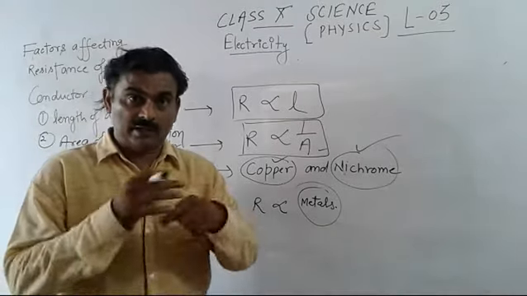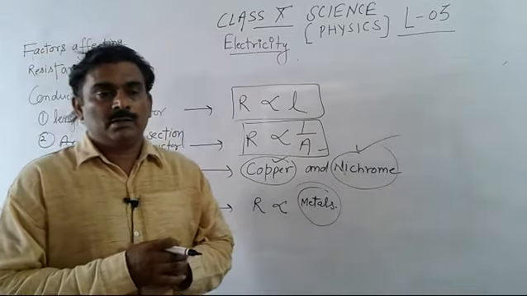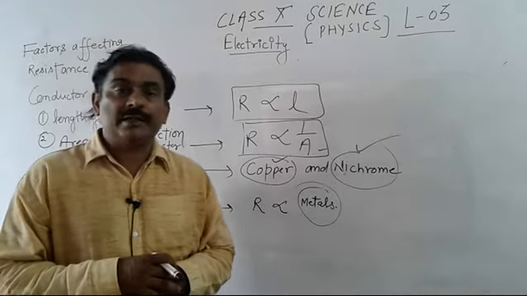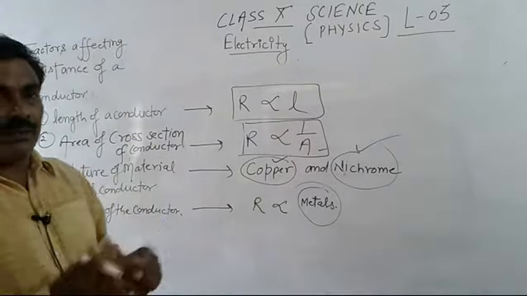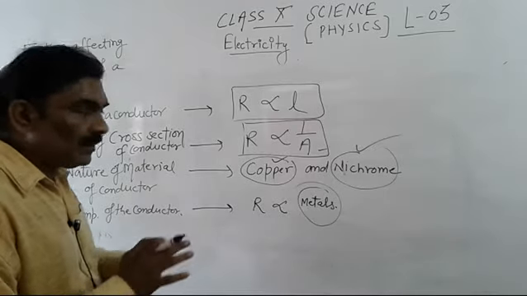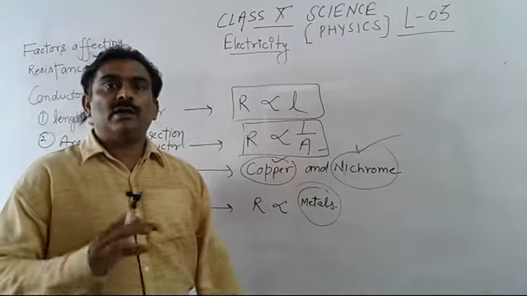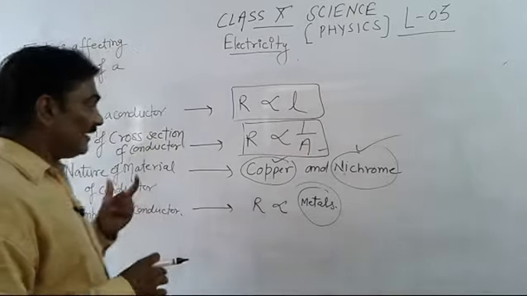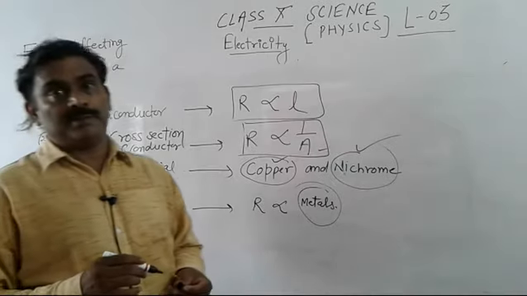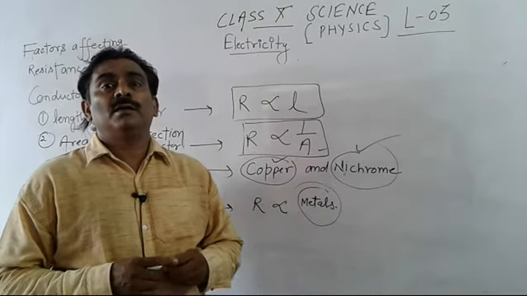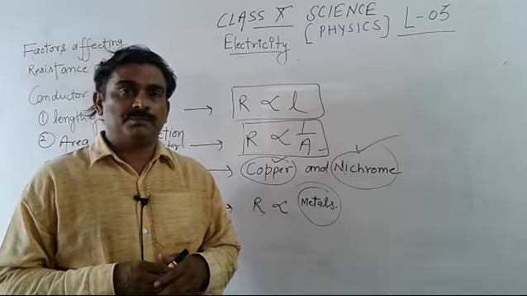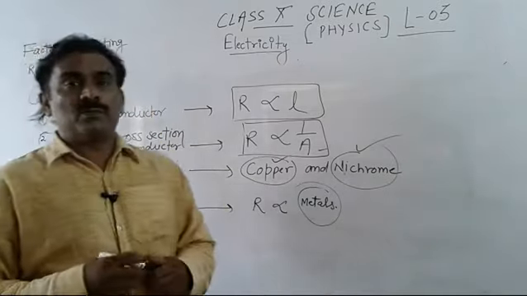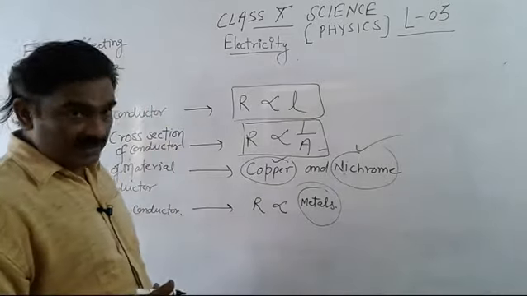But in case of some alloys, one of them is nichrome also, resistance is unaffected. एलॉय में रेजिस्टेंस में कोई इफेक्ट नहीं पड़ता, but metals में जब हम temperature increase करते हैं तो resistance भी increase होता है. तो these are the 4 factors affecting resistance.